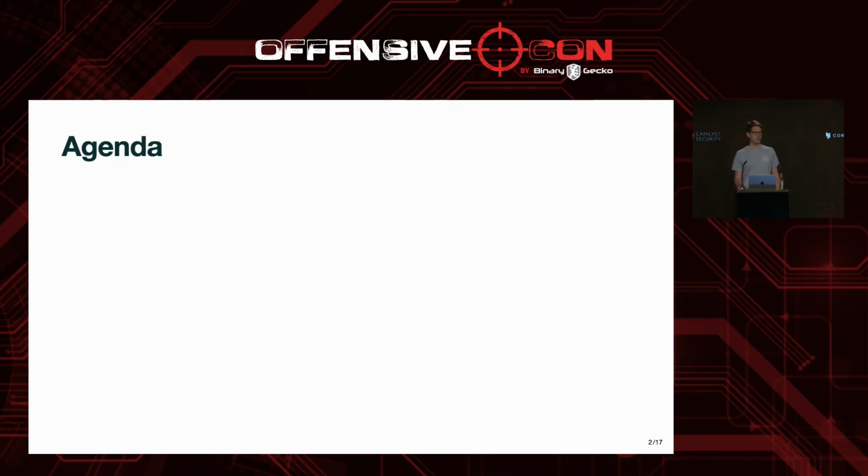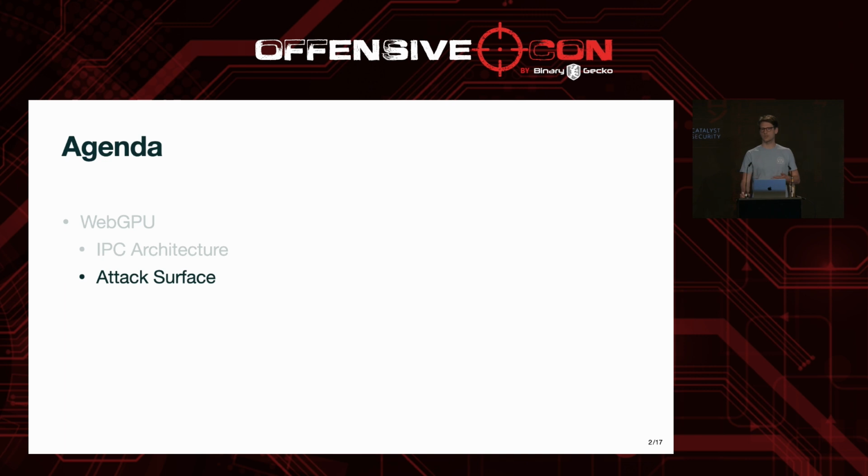First of all, I'll introduce this relatively new web standard, WebGPU, and in particular we'll focus on how this web standard is implemented within the multi-process architecture of Chrome. Once we have an understanding of this general architecture, we'll next see what the potentially vulnerable components are, in particular which components are processing untrusted inputs directly from the web.